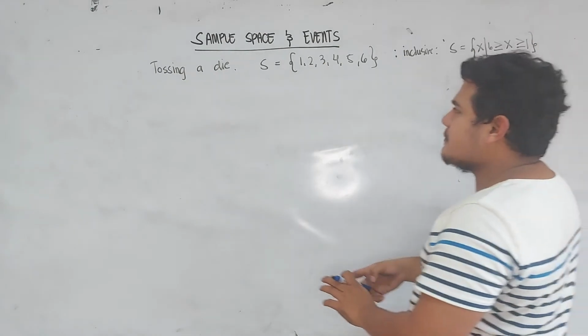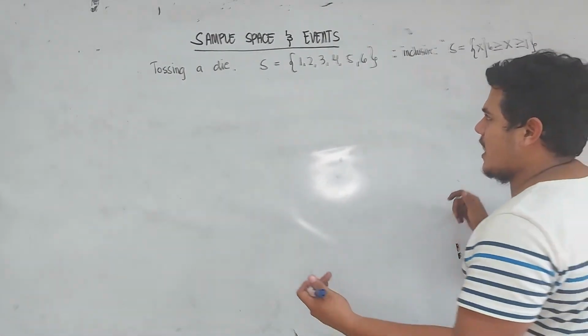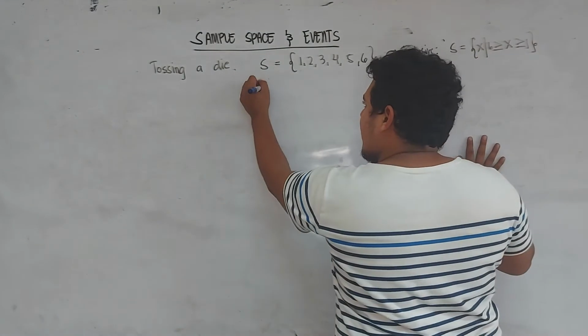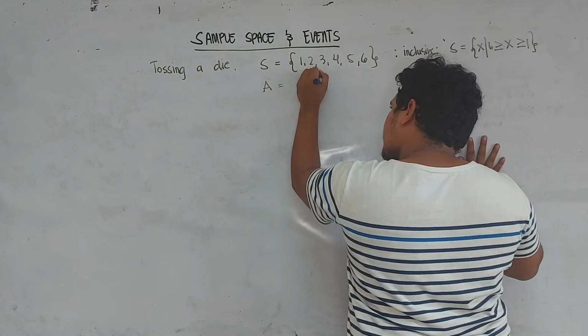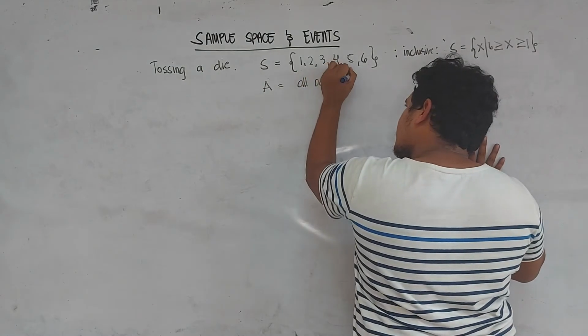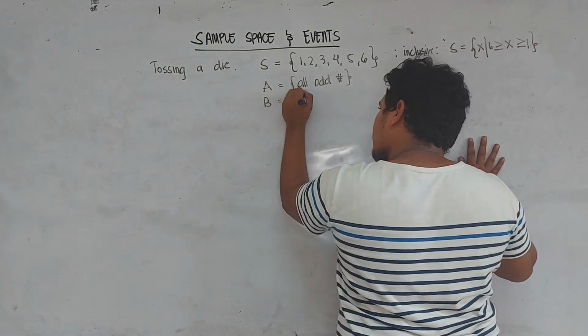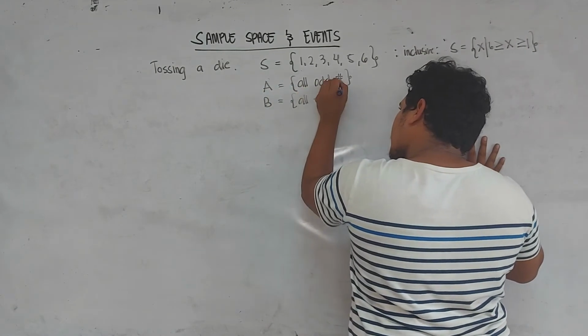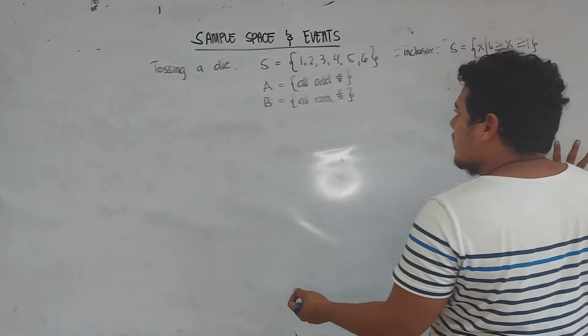Okay, when we see sample space in advance, they can be represented using a diagram. So when we say, let A be all odd numbers. Let B be all even numbers. So, A all odd, B all even.